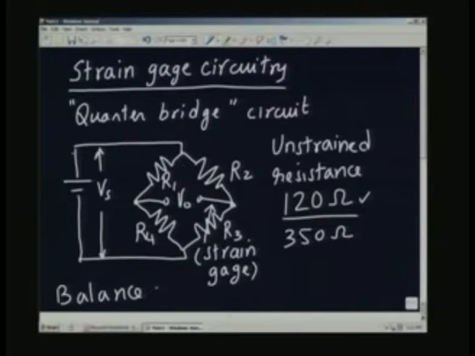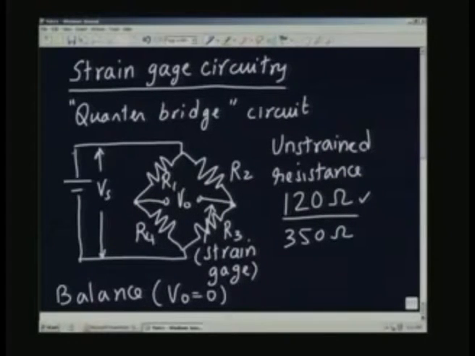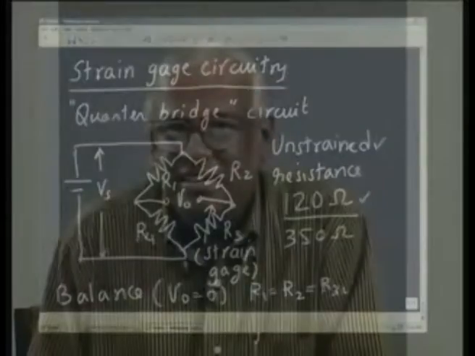The balance requires, balance means, in bracket I will write it, V0 equal to 0 for any value of Vs. Whatever be the value of Vs, the value of the output voltage will be exactly equal to 0 if the bridge is under balance, which requires, in this case, what we are going to do is look at the balance under the unstrained resistance case, in which case we will say that R1 is equal to R2 is equal to, I will say, R3, I standing for the unstrained case.